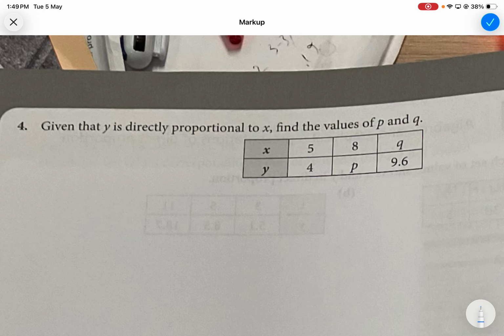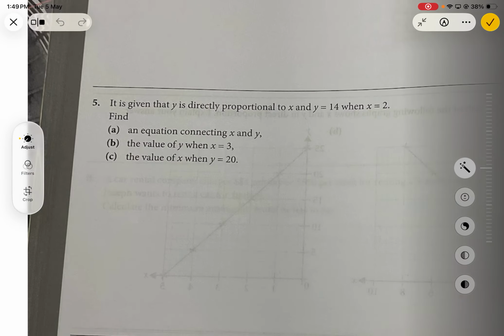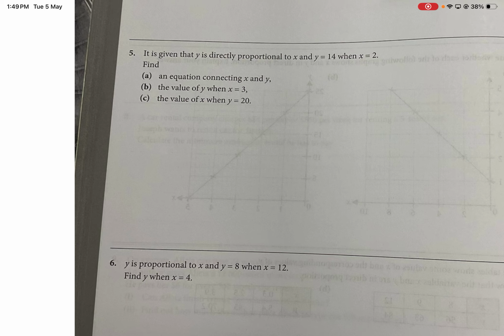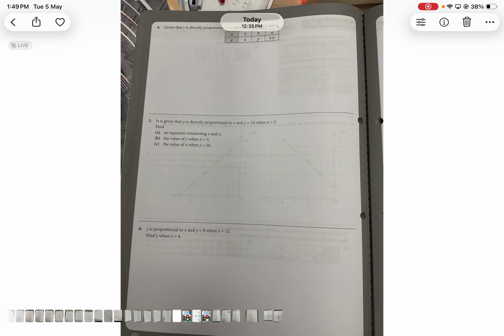Okay, go back, think about question 4, go and try. Question 4, 5, 6. Okay, go back and try 4, 5, 6.